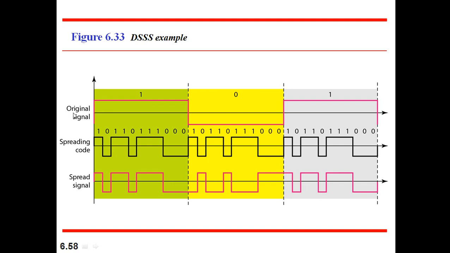This process can be used for privacy purposes. In the sense, if the intruder doesn't have this chipping sequence code, then you can provide some sort of privacy to your content or your signals, that is, to the data transmitted using this particular technique.